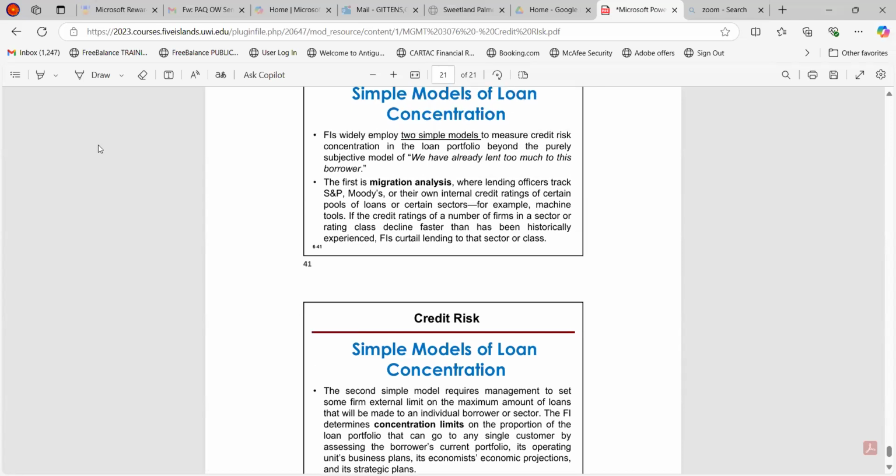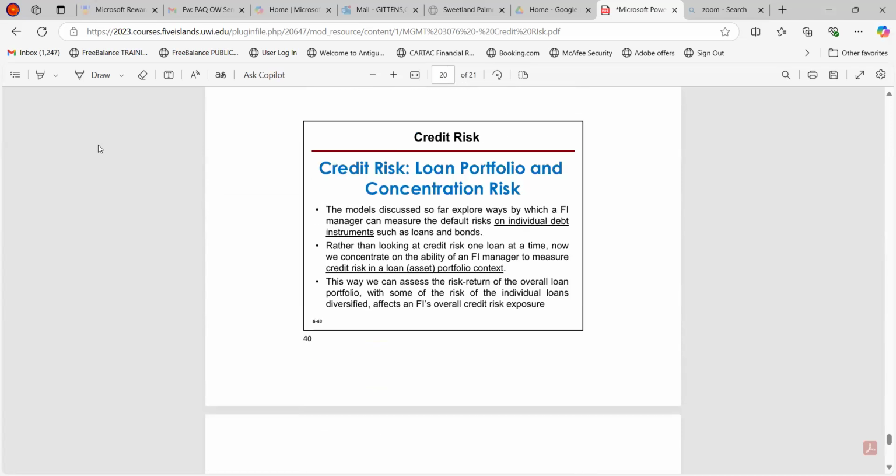If we just do a quick wrap-up, we looked at the different models used. We looked at the qualitative models and the quantitative models. We looked at return on loans, what goes into loan pricing that's going to give you a particular return, and the expected return on loans. After that, we looked at the models that financial institutions use to assess default risk.